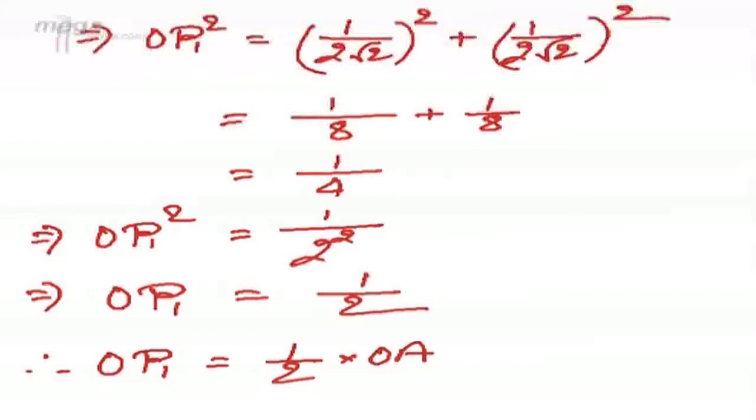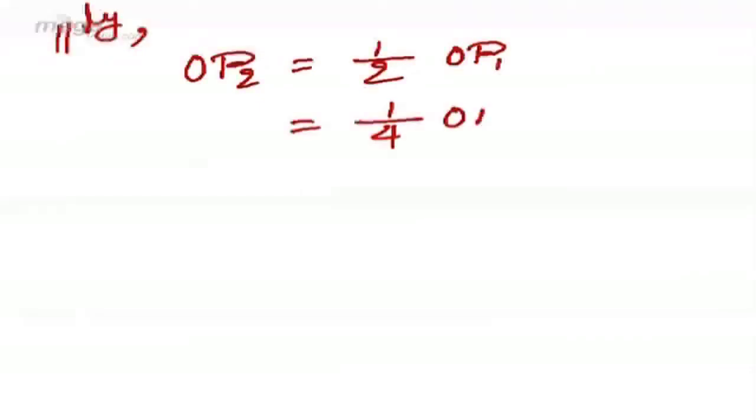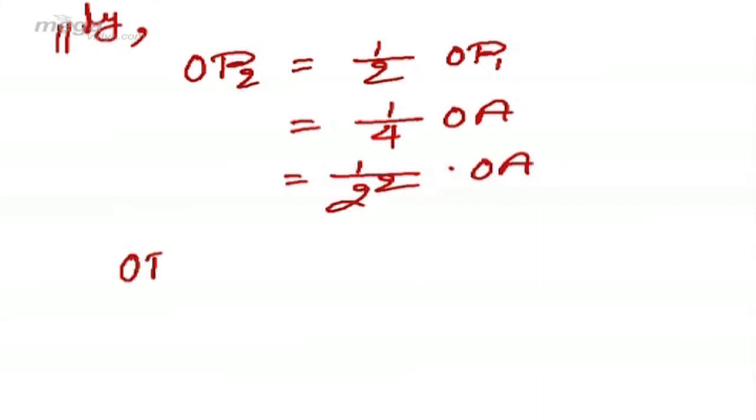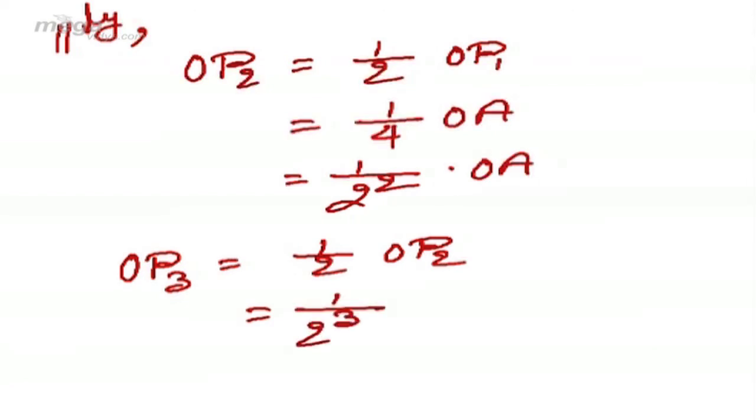OP2 equal to half of OP1, so it becomes 1 by 4 of OA, because OP1 is half OA, that is 1 upon 2 square into OA. Similarly, OP3 becomes half of OP2, and putting OP2 as 1 upon 2 square into OA, it becomes 1 upon 2 cube into OA. And so on.